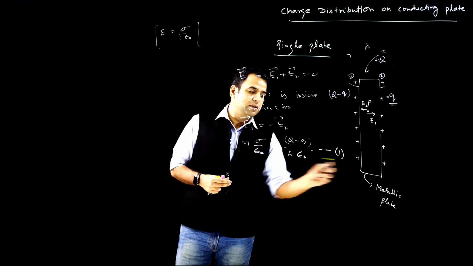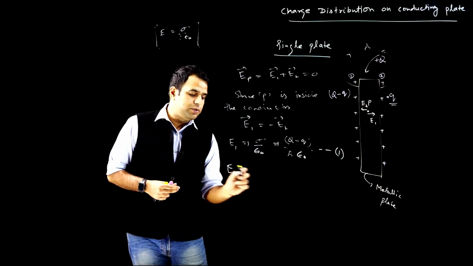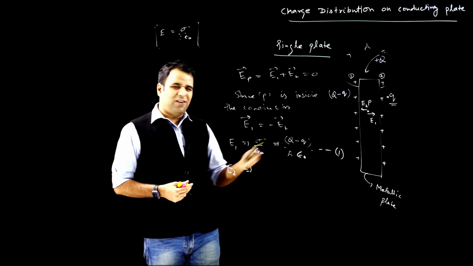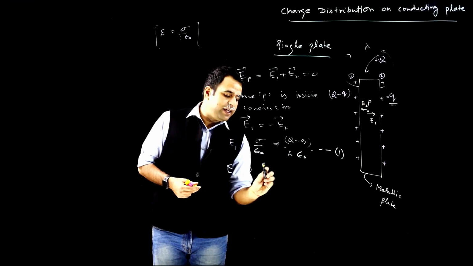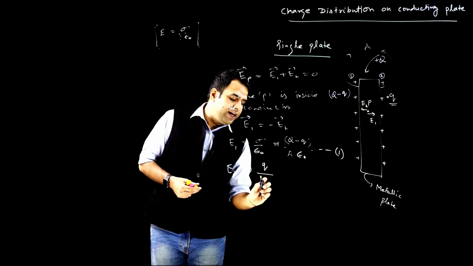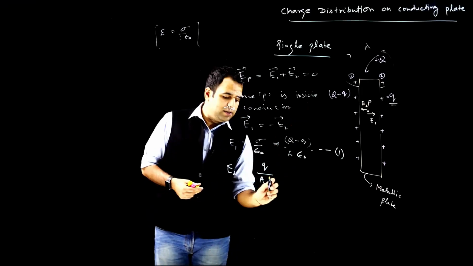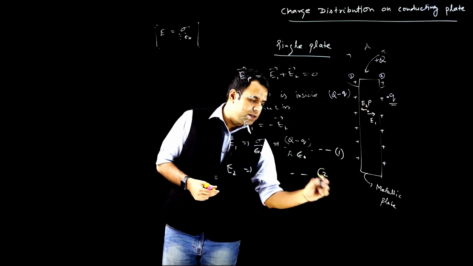This is E1. And for E2, magnitude-wise, that will also equal sigma upon epsilon naught, only the direction will change, and sigma we can calculate by dividing the total charge on the second surface by its cross-section area, which is similar to the first.